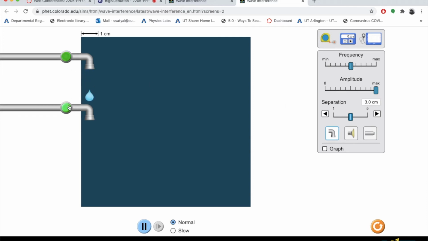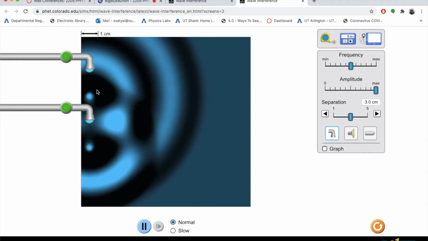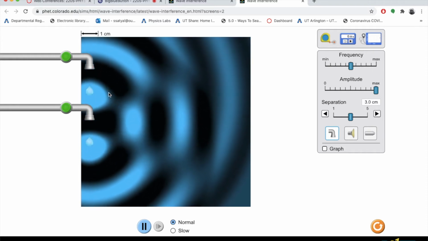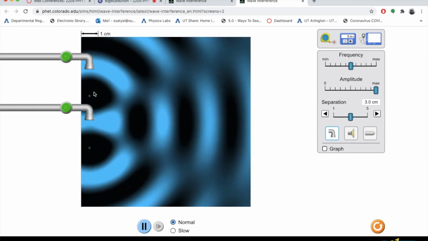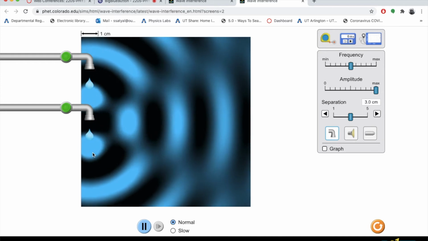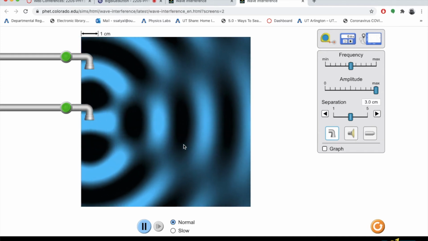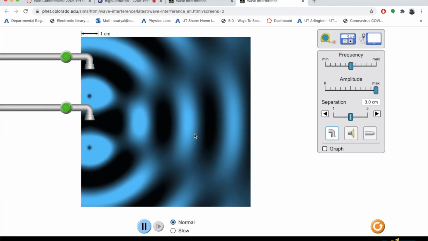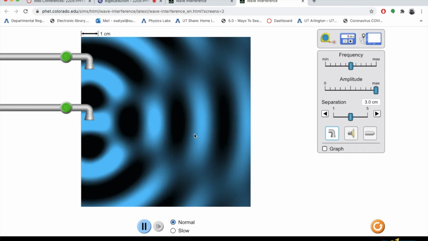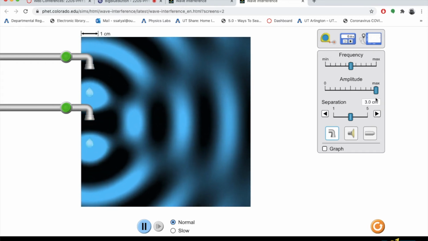Turn on the water, drips like that, and as you see, as the water drops fall on the pond, it creates these two waves. These waves, this one and the bottom one, as they travel outward, they interfere with each other. And in that interference here, you can see the bright ones are the crest, that's the constructive one, and the troughs here are the destructive ones.